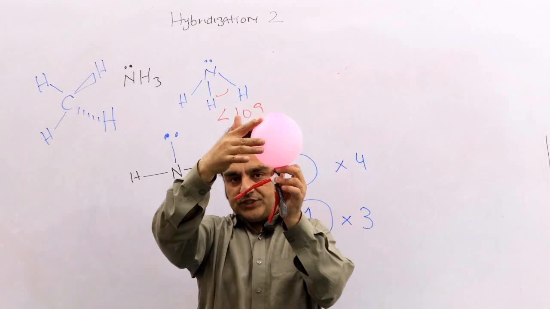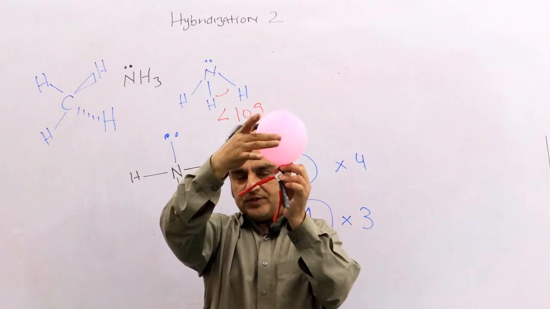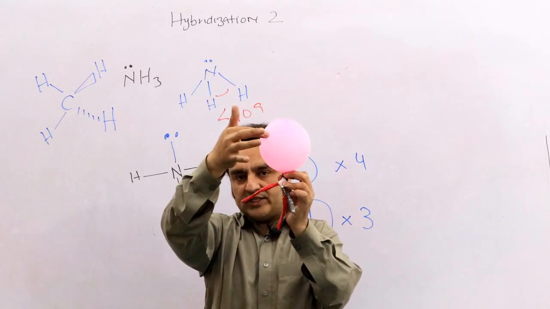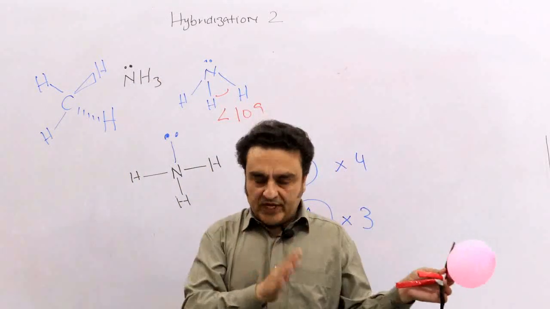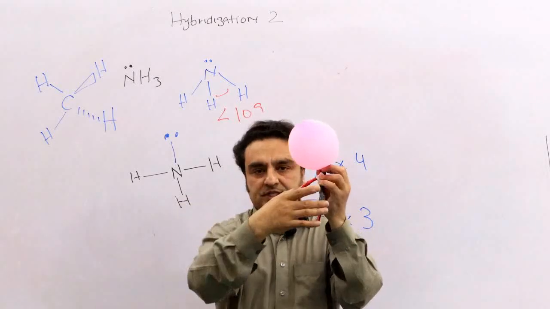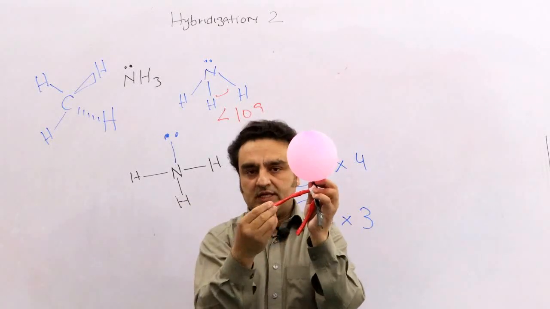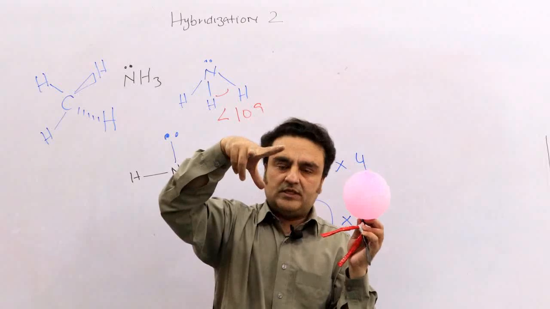This is an sp3 hybridized orbital which is holding the lone pair, the non-bonding electrons. It is a little bit bulkier, and it exerts more pressure on the other bonds and makes them shrink.